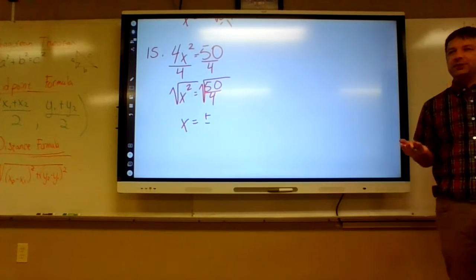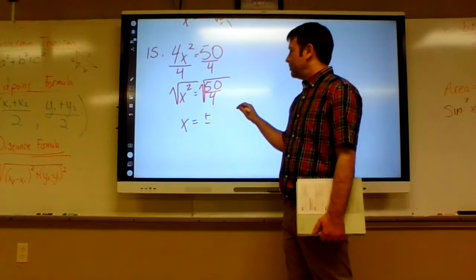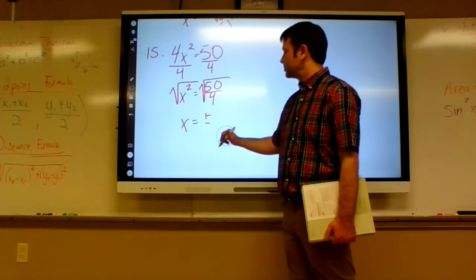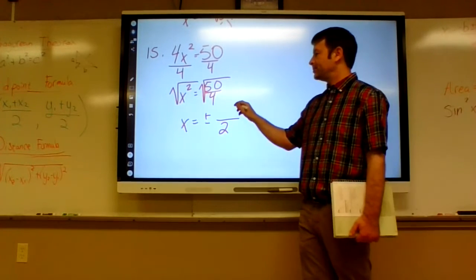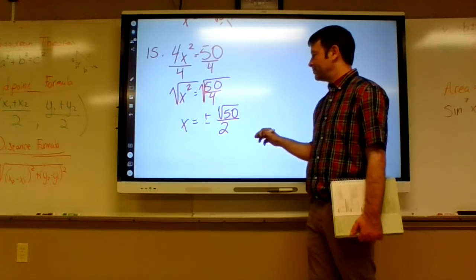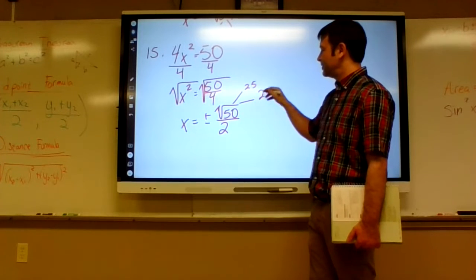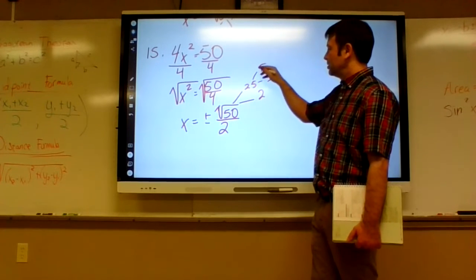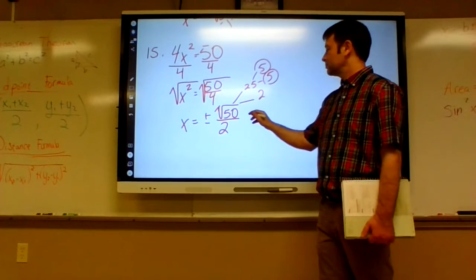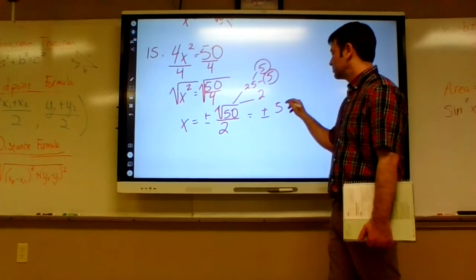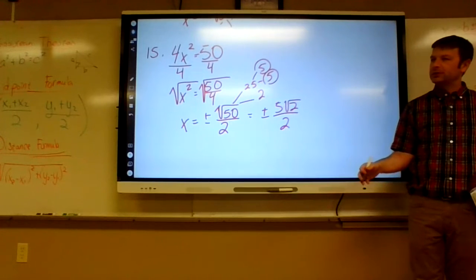If you reduced it to a 2, you'd get square root of 2 on the bottom, but you can't leave a square root on the bottom. Okay, but what's the square root of 4? 2. So in this case, it's just a 2, and the top is square root of 50. Does square root of 50 simplify? Yep, it does, because it's 25 times 2, so it's 5 square root of 2.